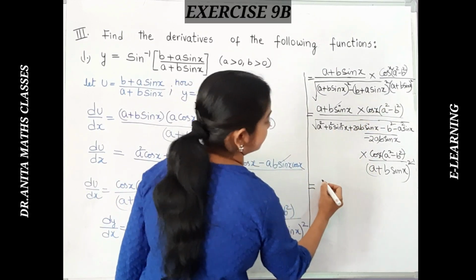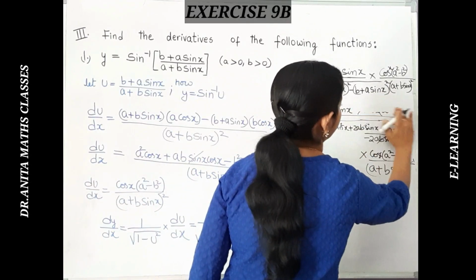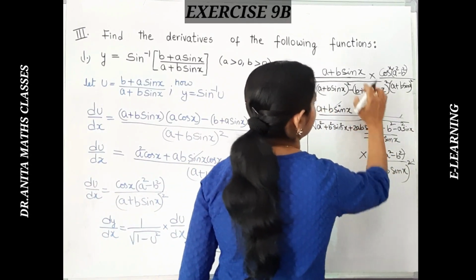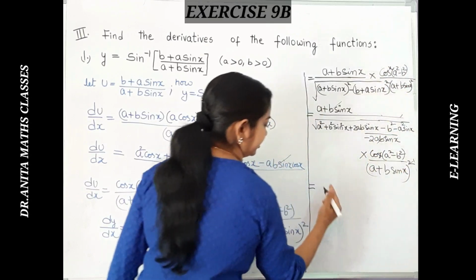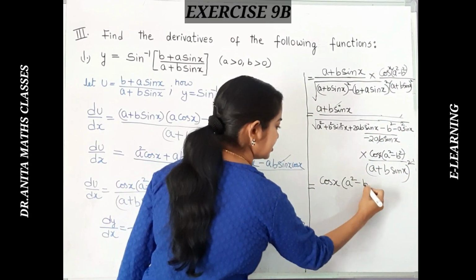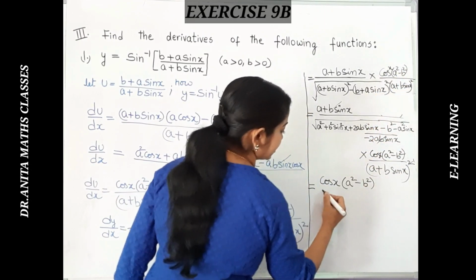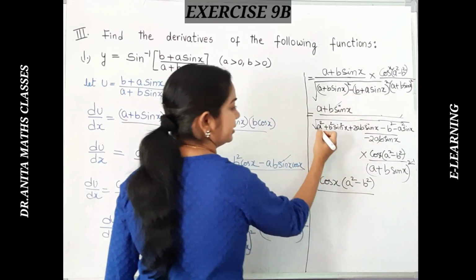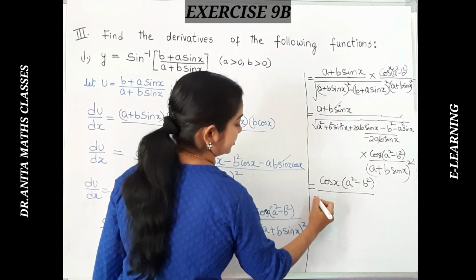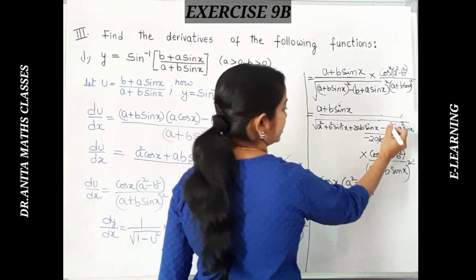This, okay, write it here above. So I've written this here, so no need of writing here. So cos x a square minus b square. These two are different. Cos x into cos x a square minus b square divided by here under root, what do we have? Under root a square minus b square.